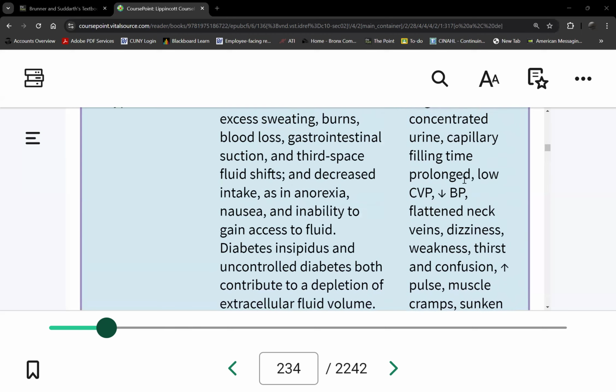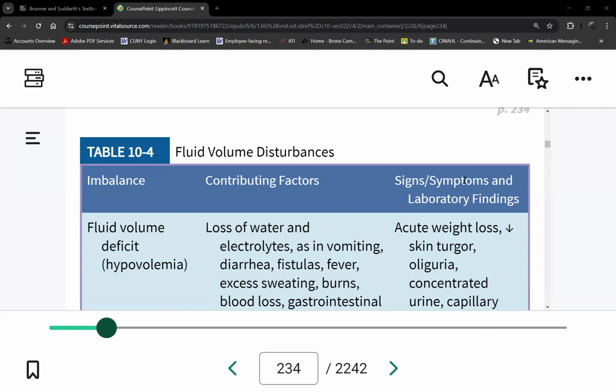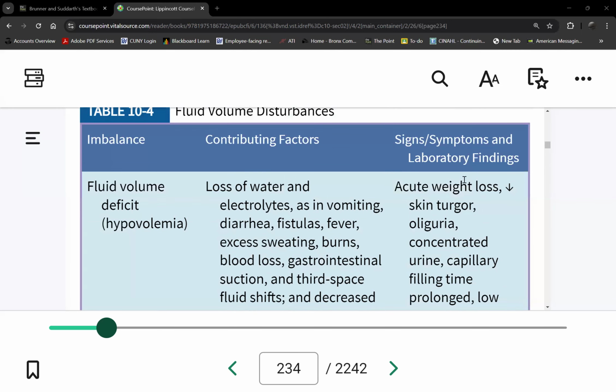Let's say something like this. You'll have a patient, signs and symptoms, labs. Then it'll give you a drop down asking, well, what is the patient's problem? So choices will be fluid volume deficit, fluid volume overload, and then 2 others that are unrelated.